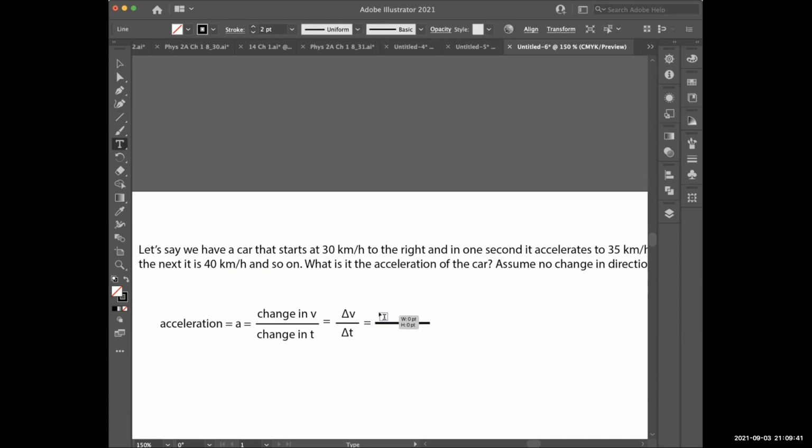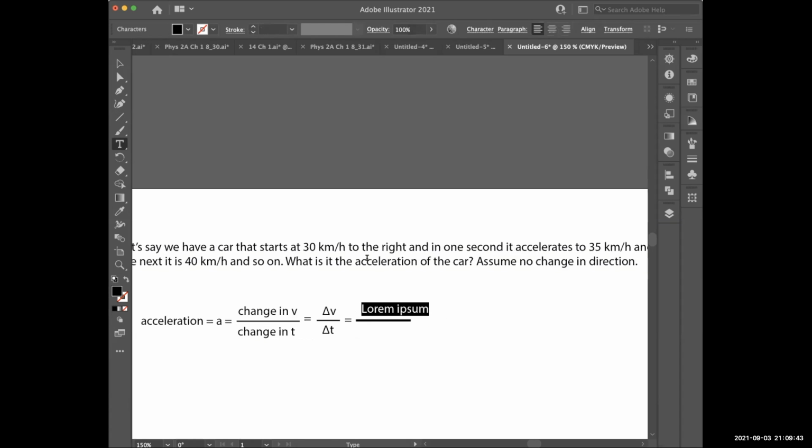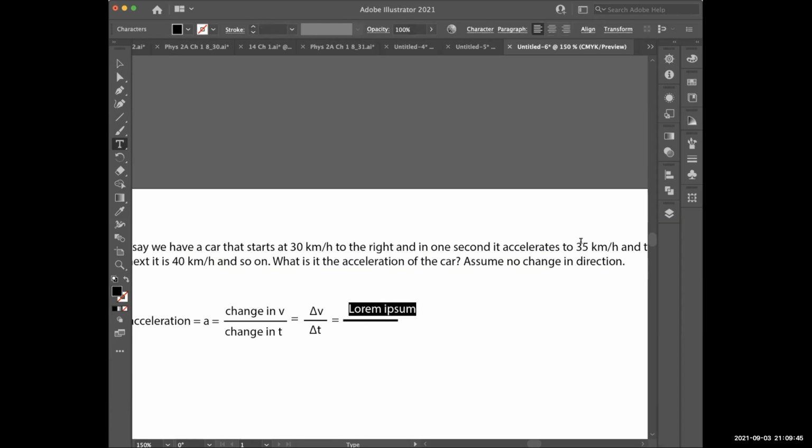Okay, so the change in V was 35 kilometers per hour minus 30 kilometers per hour, divided by 1 second.